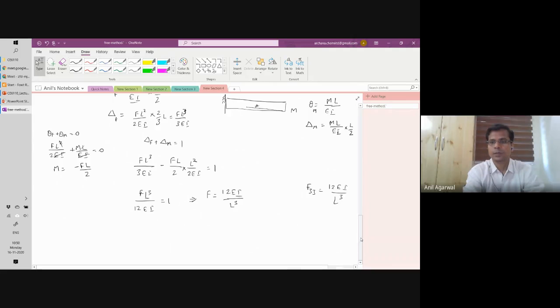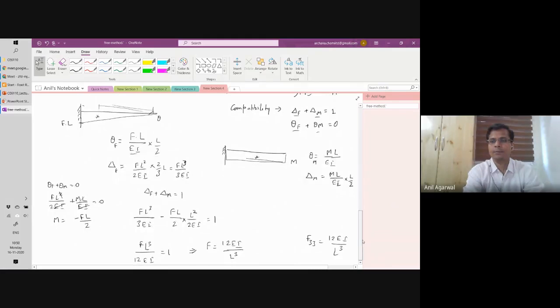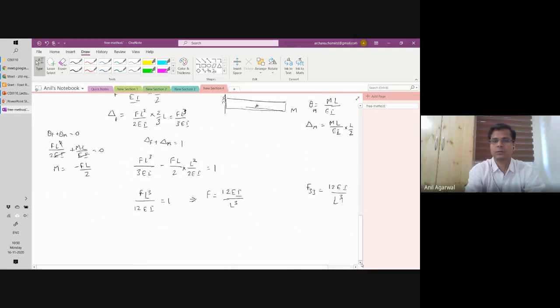So basically, this term is nothing but your F33 term. Okay. Similarly, we can calculate M. M was equal to minus FL by 2, right? So minus F, which is 12 EI by L cube, multiplied by L by 2. So that is 6 EI by L square. Is that correct?